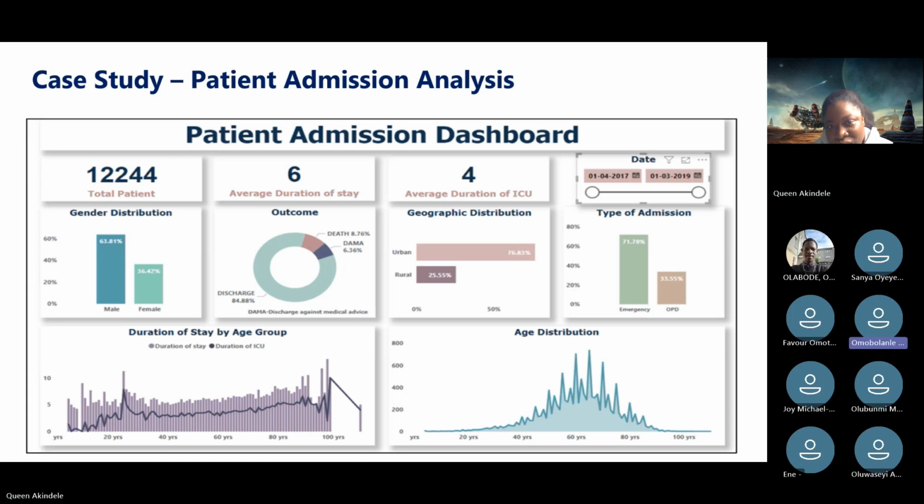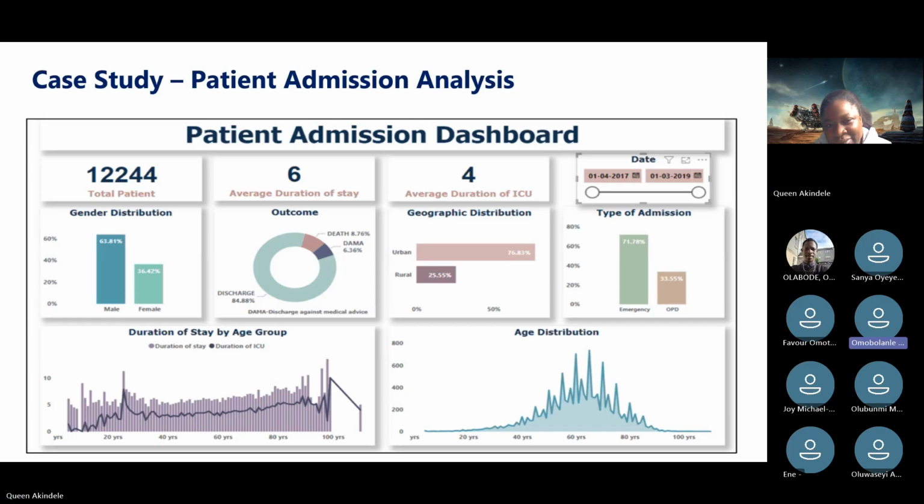Sorry, the different representations here speak about the whole number of patients admitted, and then outline the gender distribution, and then the outcome. Were they discharged? Did they die, or did they discharge themselves against medical advice?